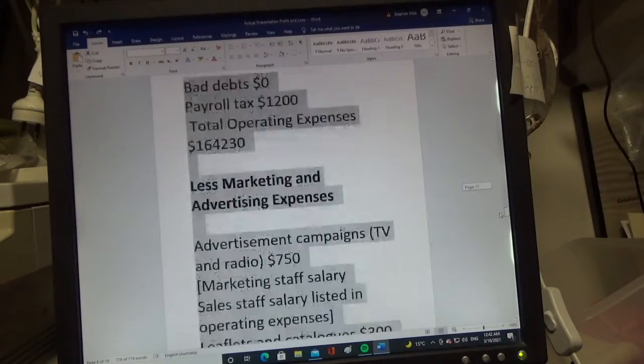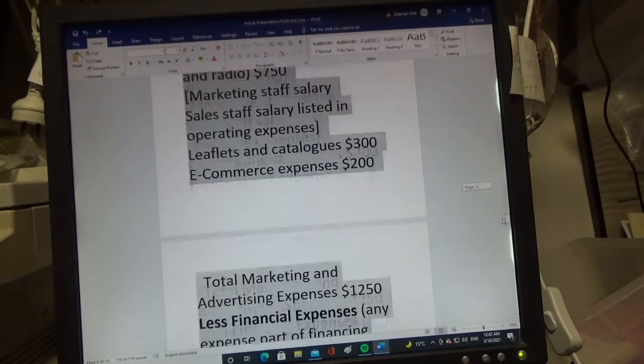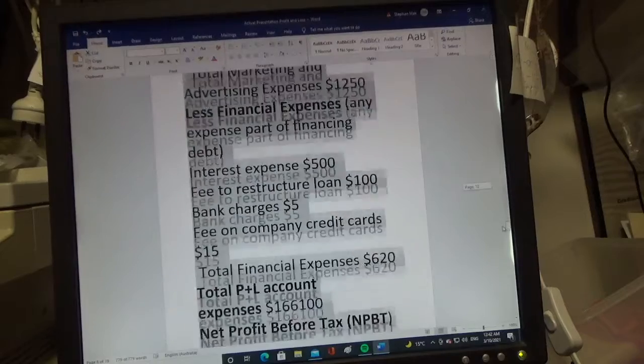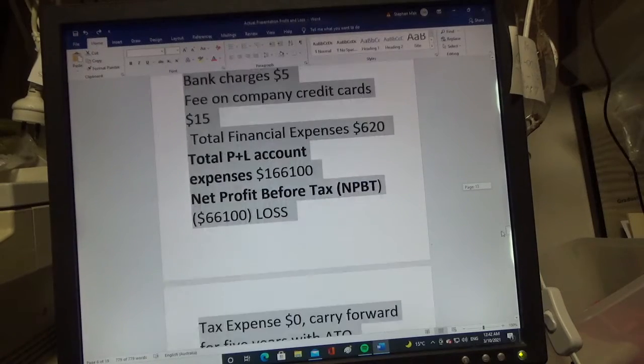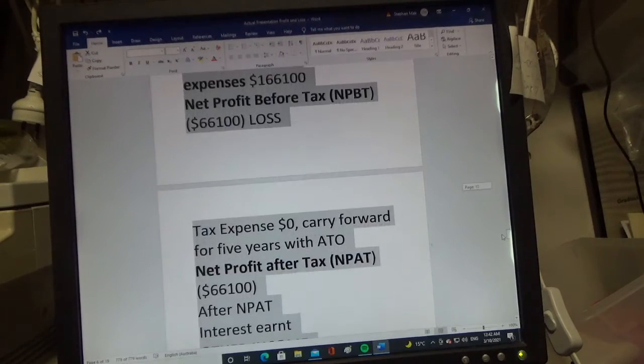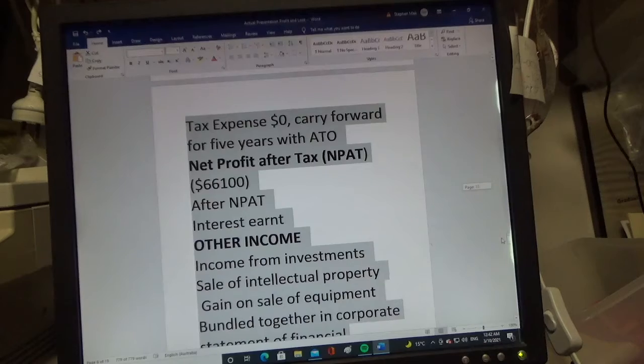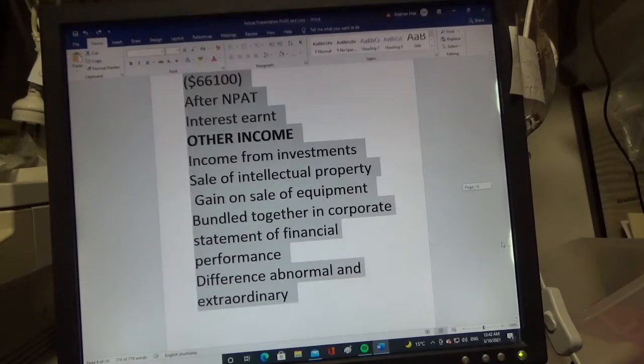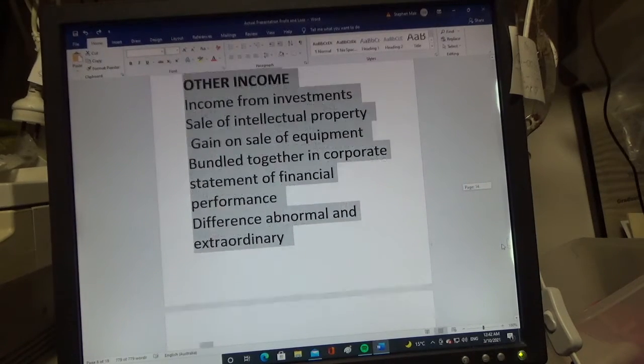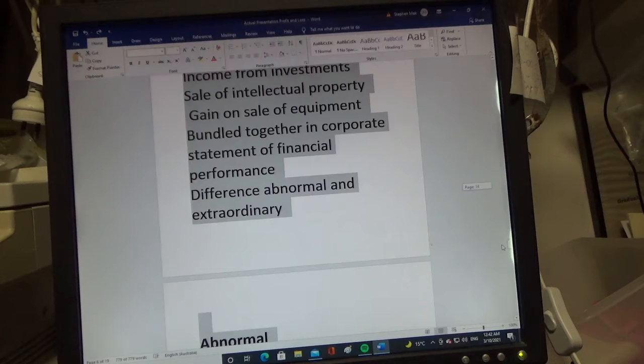And as I mentioned, know the definitions of the different expenses. If you're asked to do general journal entries, transposing them, posting them to the general ledger, and then finally, these figures are posted to the financial statements. Know the difference between abnormal and extraordinary items.